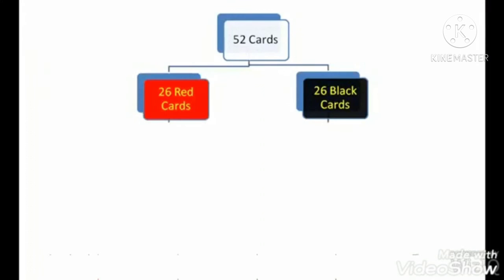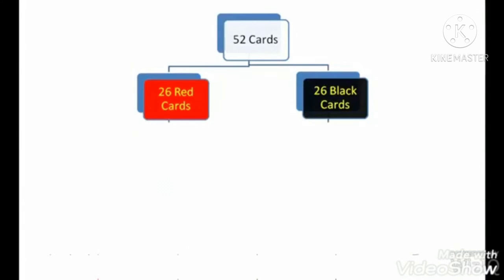So, a pack of playing cards has 52 cards, and the 52 cards are divided into 2 groups: 26 red cards and 26 black cards.